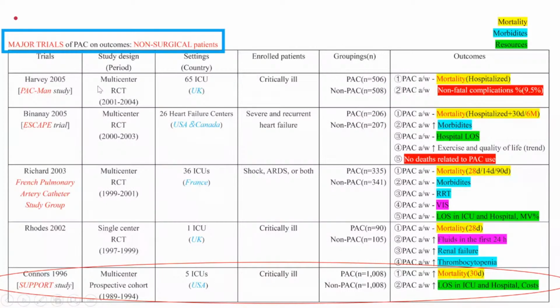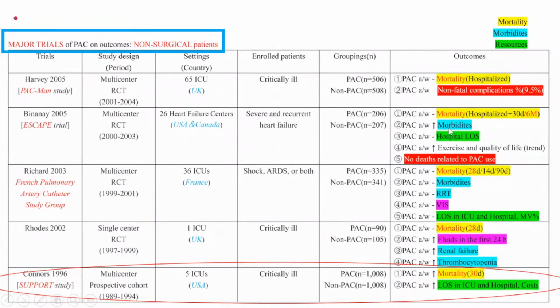Here, I summarize the major trials of PAC on the outcomes of non-surgical patients. This is the SUPPORT trial. As you can see, I marked the outcomes in different colors: mortality in yellow, morbidity in blue, and resource utilization in green. In contrast to the SUPPORT study, all these single-center or multi-center randomized controlled trials did not demonstrate that PAC use will increase mortality.